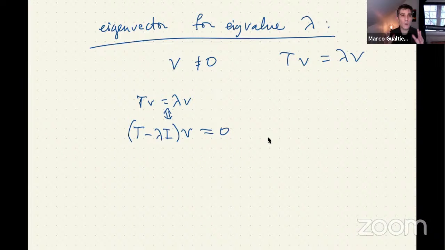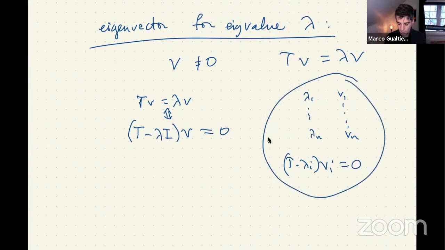So if you were lucky, then you would be able to find numbers lambda 1 up to lambda n, and vectors v1 up to vn, such that (T minus lambda I) vi is equal to 0. If you were lucky, you would be able to find a basis of eigenvectors like this. But the problem is that, like I said, this is not always possible.